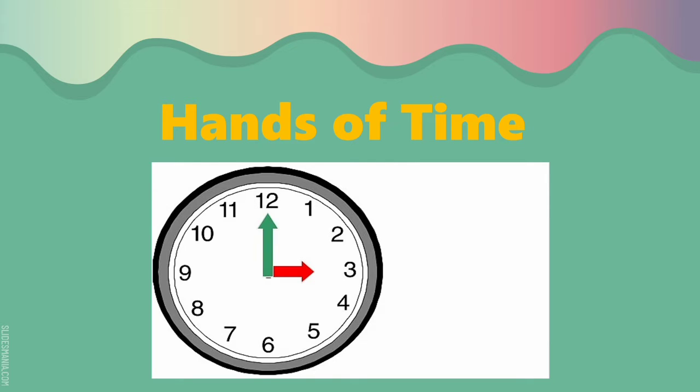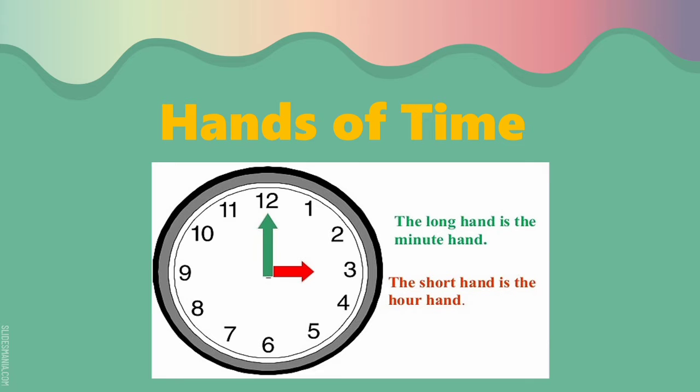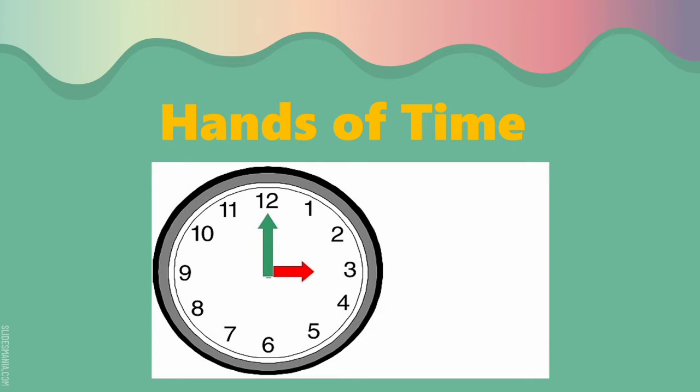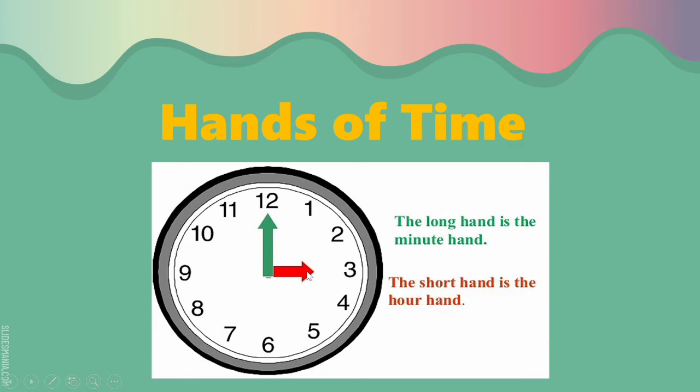So this is just a review about our previous topic about time. The hands of the clock: the long hand, green color, is the minute hand, and the short hand, red color, is the hour hand.